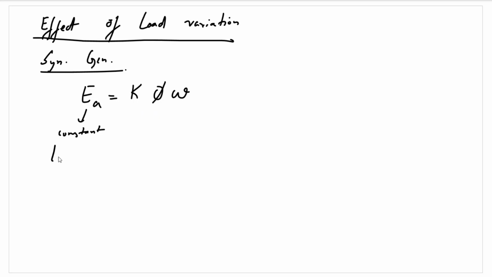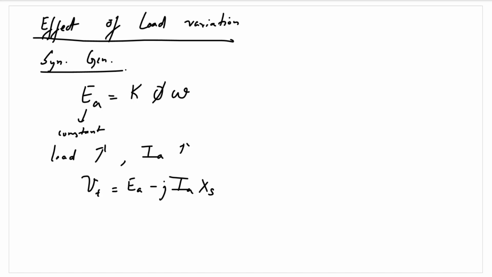But due to increased load, IA has increased. And we know that for a synchronous generator, the terminal voltage is the generated voltage minus j times IA XS.